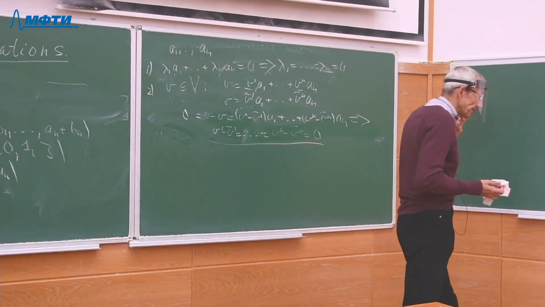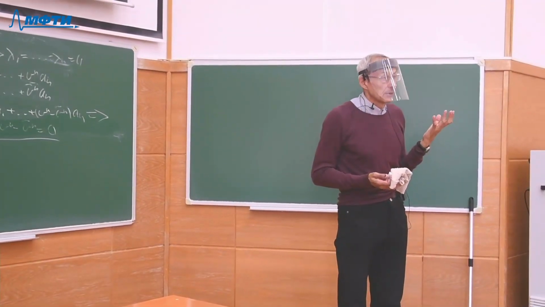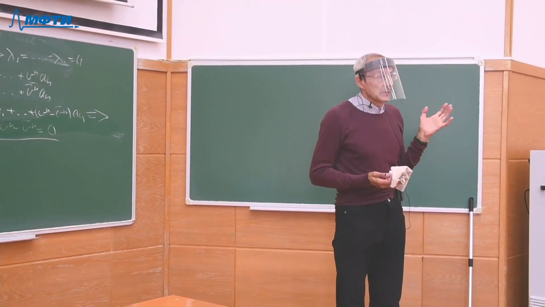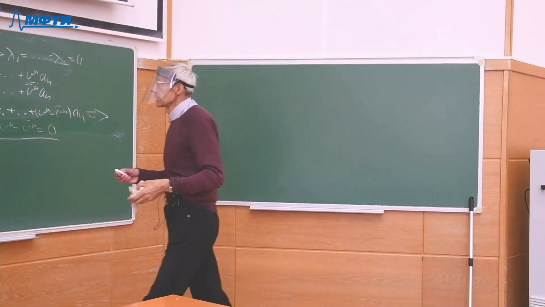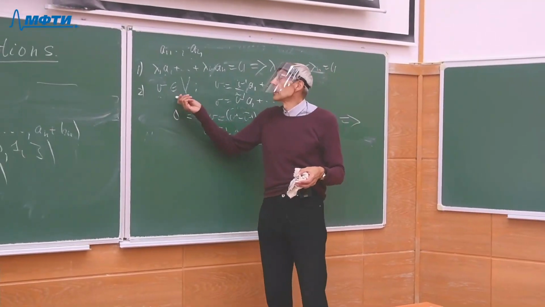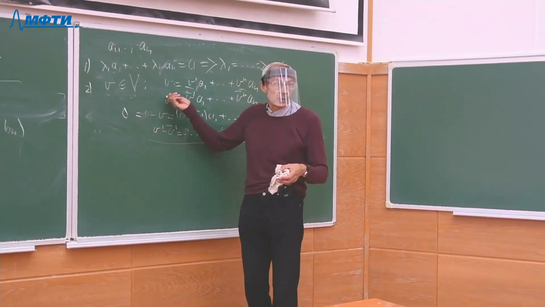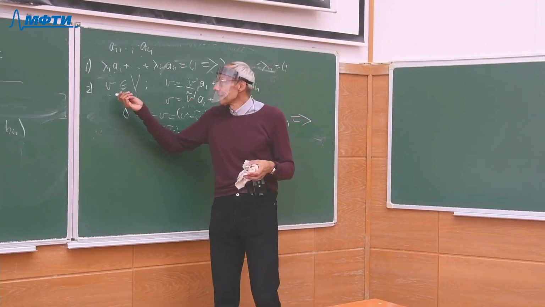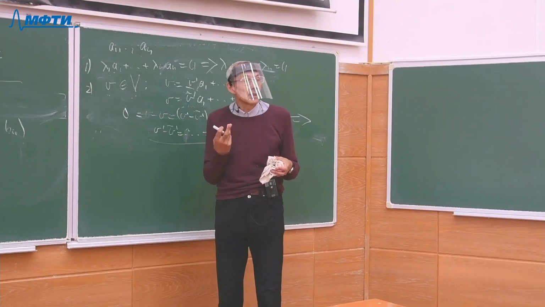Basis is such an ordered system of vectors in the vector space such that, first, every vector of the vector space can be decomposed, can be expanded in terms of the vectors of the basis, and this expansion is unique.